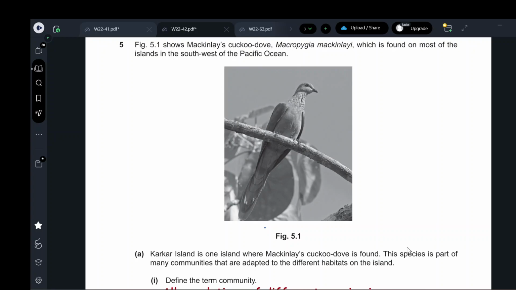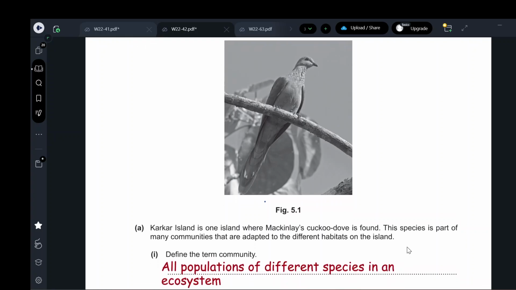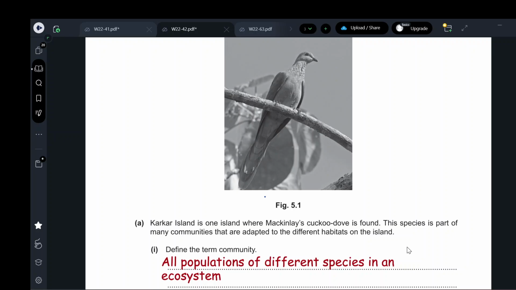It is all the populations of different species living in an ecosystem. We said that the population is a group of, sorry, that's the definition of the species.